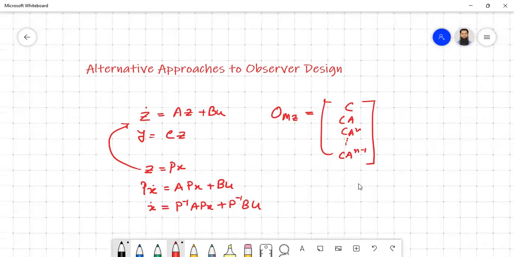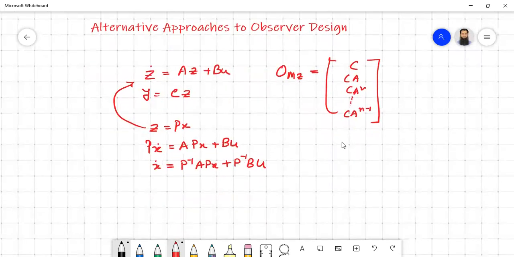We are interested in the C matrix and the A matrix. So for the new C matrix, if we plug z equals Px into y, then y equals CPx.